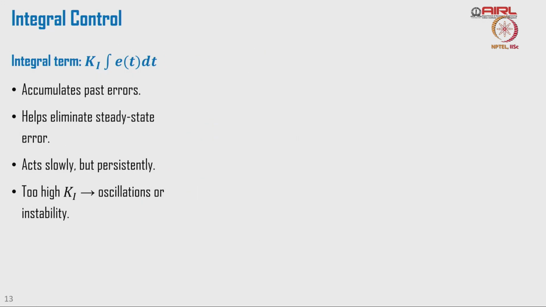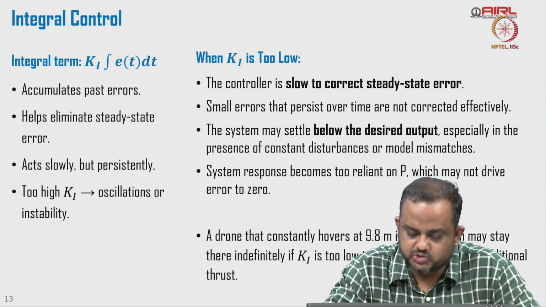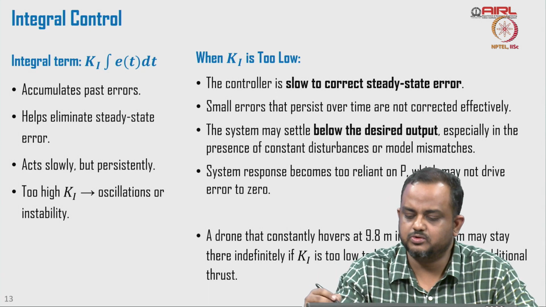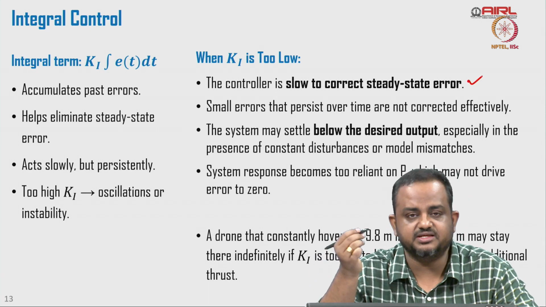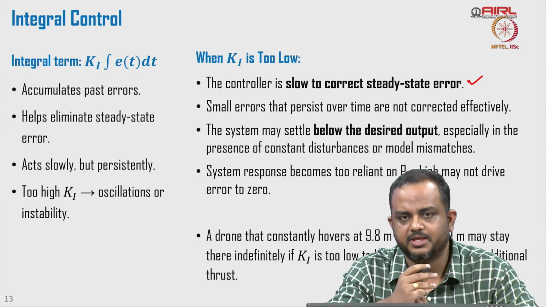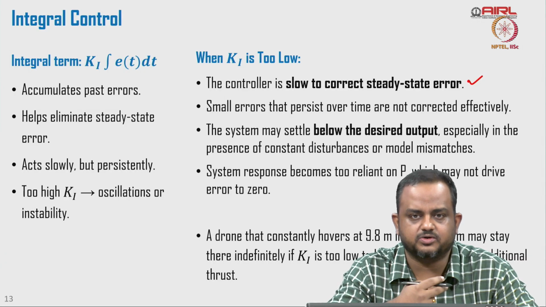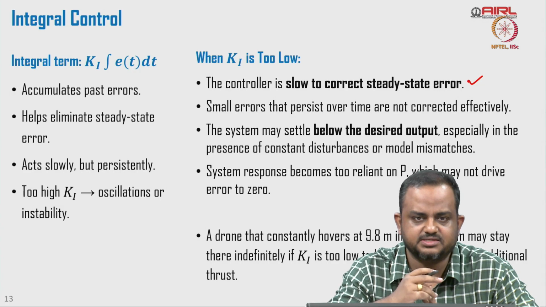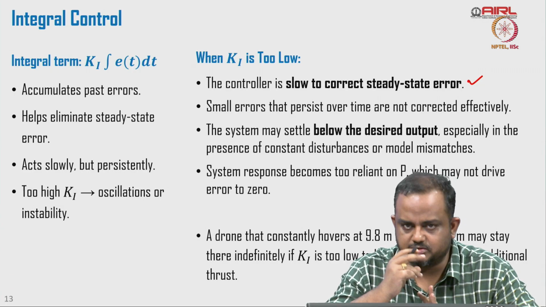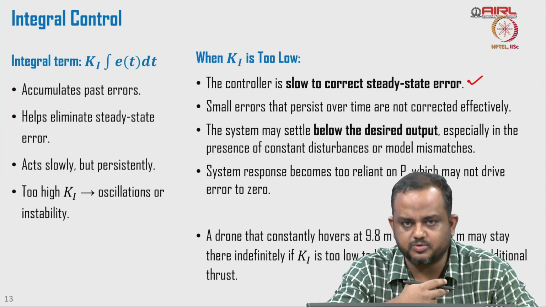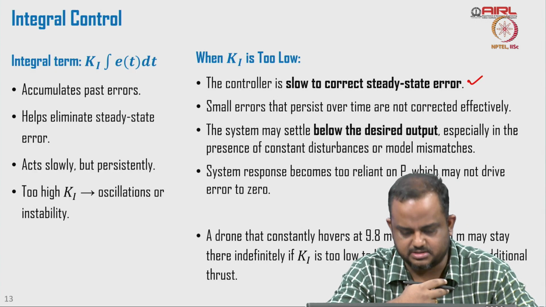When Ki becomes too low, the controller is slow to correct the steady state error. Steady state error is not at all desired in the system, because when there is a steady state error, in steady state also the system is not behaving accordingly. It is not settling down properly, and we have some error.